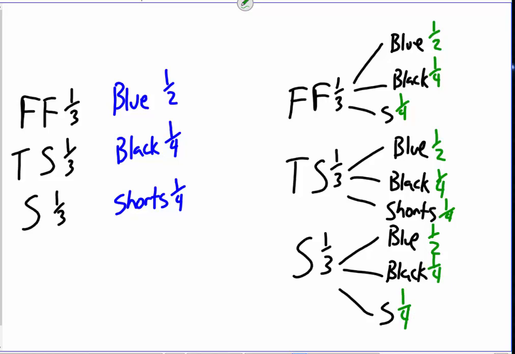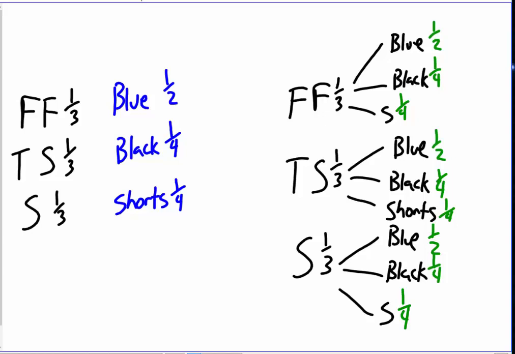So we have all of our probabilities in place. Now we can actually start answering questions. Now again, you can do this with the area model, because with the area model, you can put one third, one third, one third down one side, and one half, one fourth along the top or along another side, and be able to calculate probabilities just same as this. So whichever method you like to use.